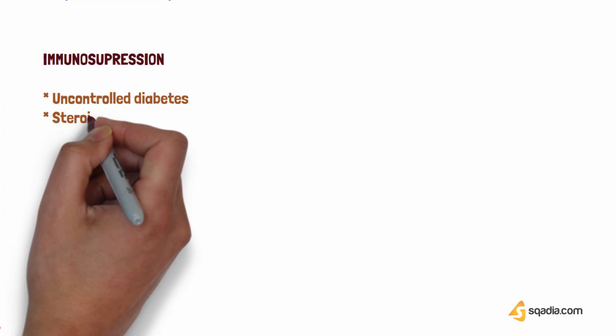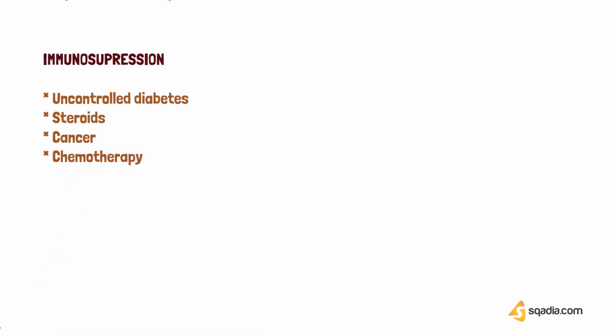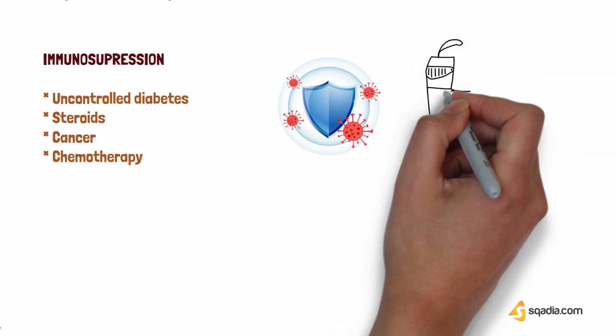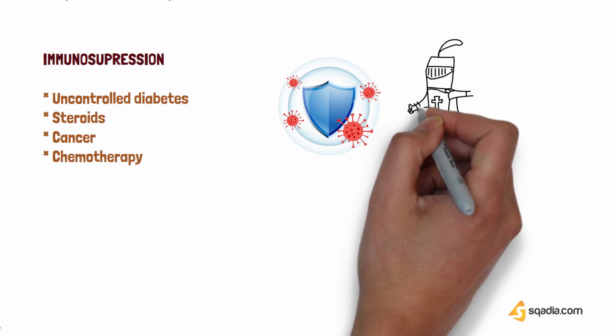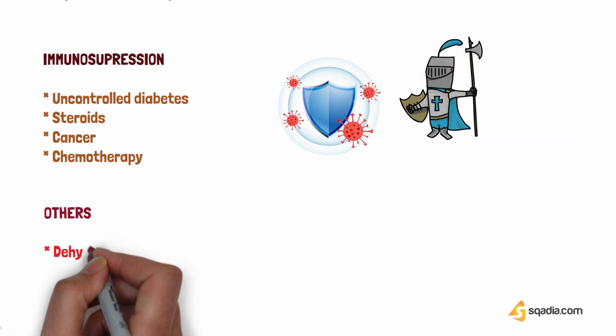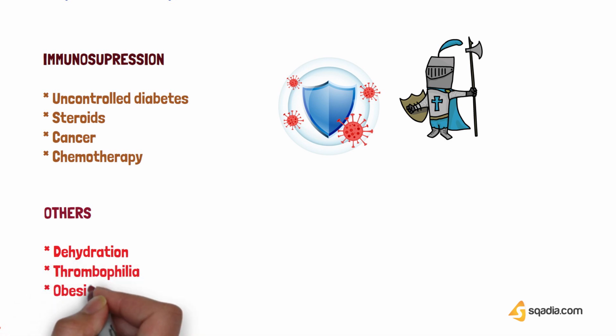The next set is the immunosuppression: uncontrolled diabetes, steroids, cancer, or chemotherapy. In this, the immune system is not able to recognize and destroy any foreign body which invades the circulatory system. Others may include dehydration, thrombophilia, and obesity.